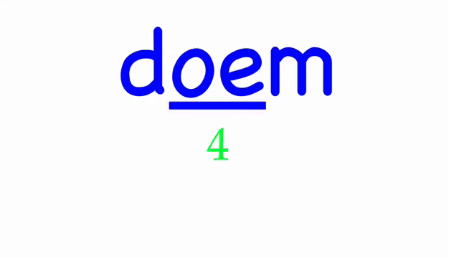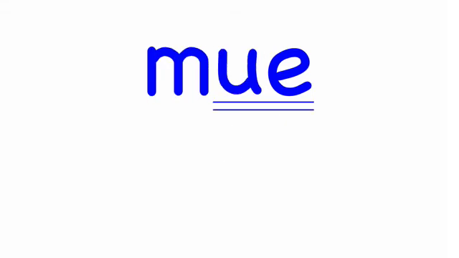Dome. Leal. Moo. Now, because this is a nonsense word, the UE team was double underlined initially, indicating that for this particular word, you want UE to represent its second long sound, which is oo.